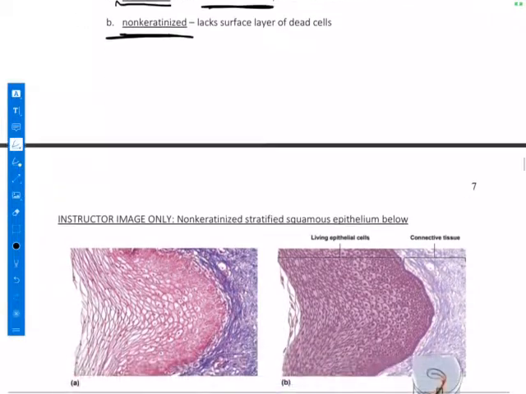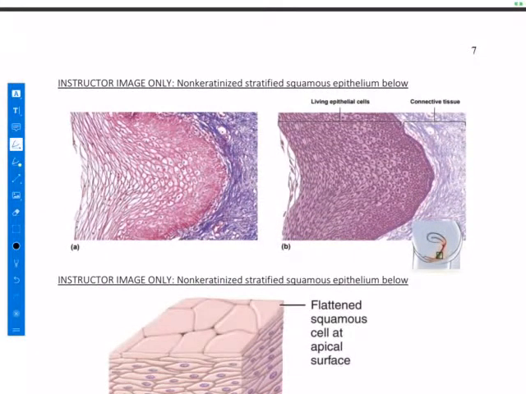So as I move downward here, we can look at this next picture. Typically, stratified epithelia, whether keratinized or non-keratinized, range from 2 to 20 or more layers of cells. The cells rest directly on top of other cells. The deepest layer attaches to the basement membrane.